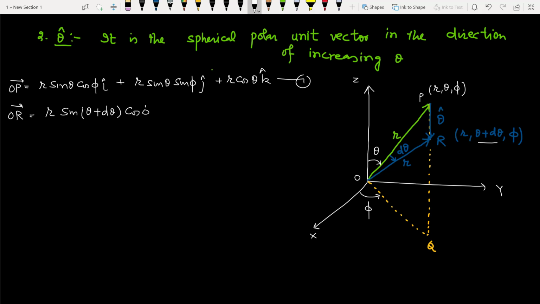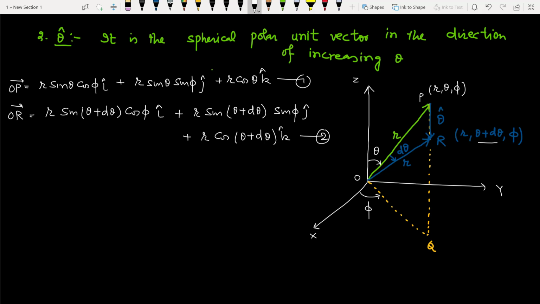Third coordinate is same. So this is our equation number 2.